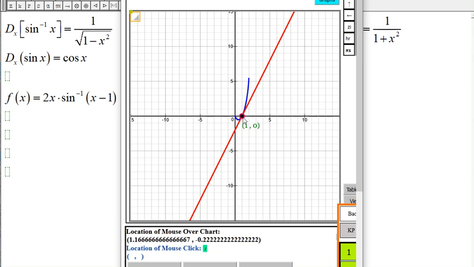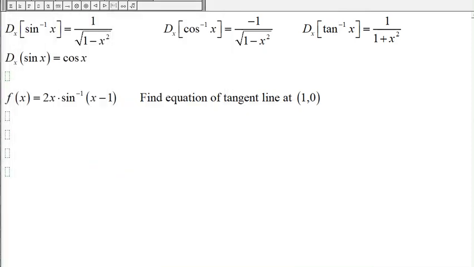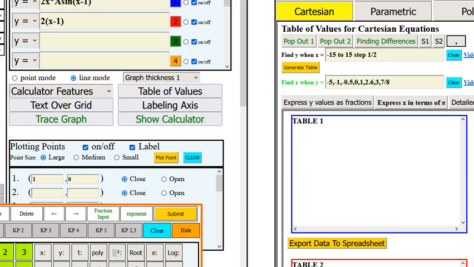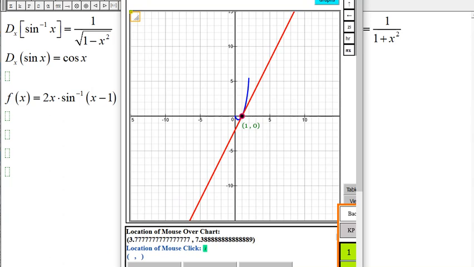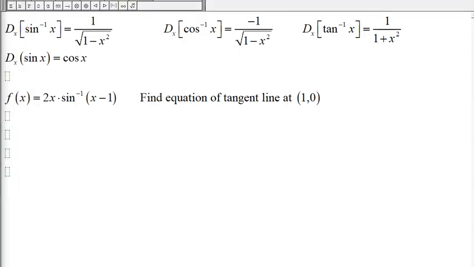And this is the point 1, 0, and this is the tangent line, and we want the equation of this tangent line. And so first we need the derivative to get the slope of the tangent line.